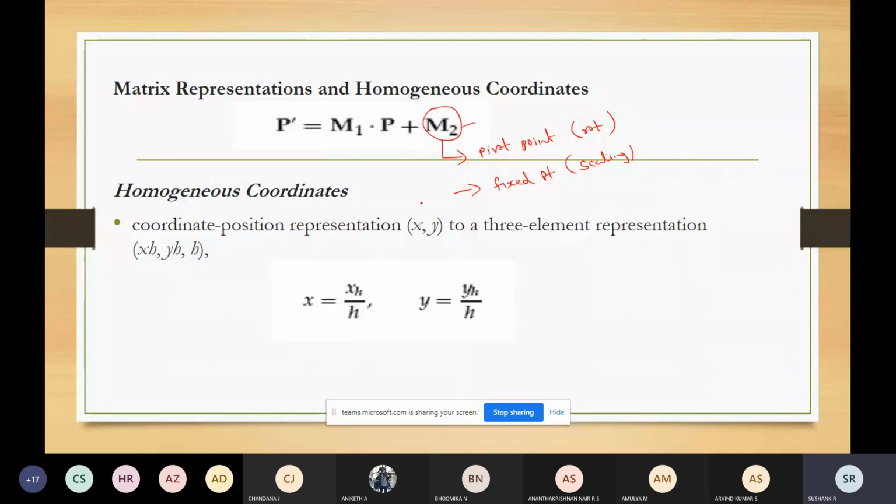So here it is performing two separate operations, one multiplicative and one additive, and this can be merged into a single equation.